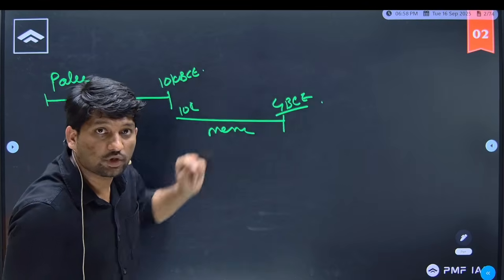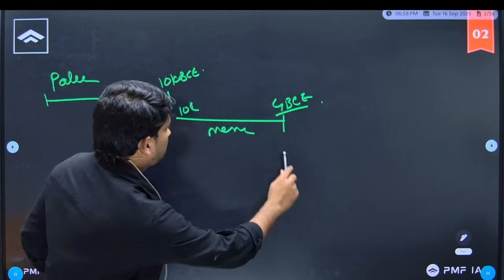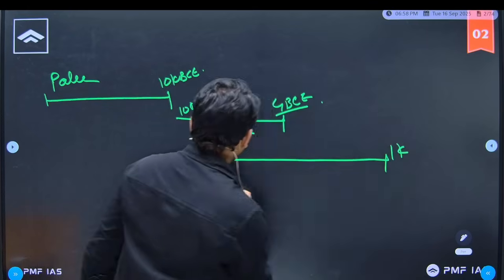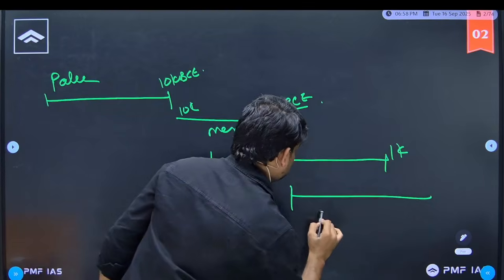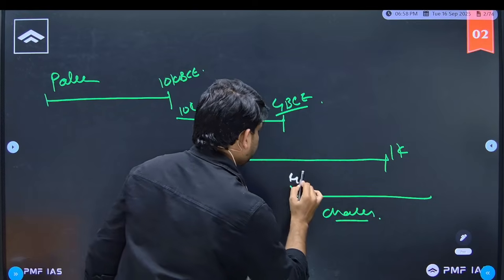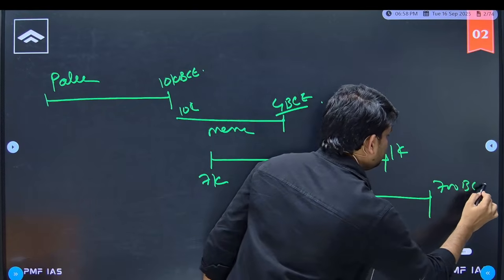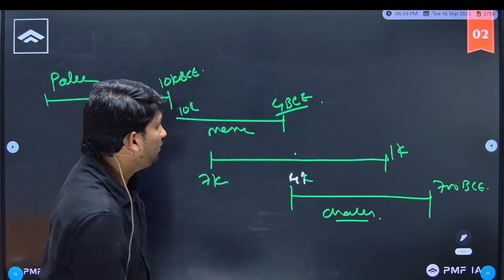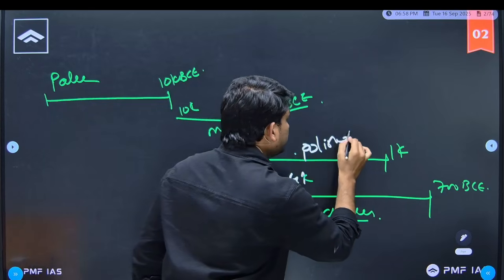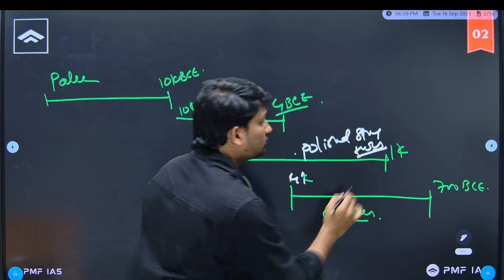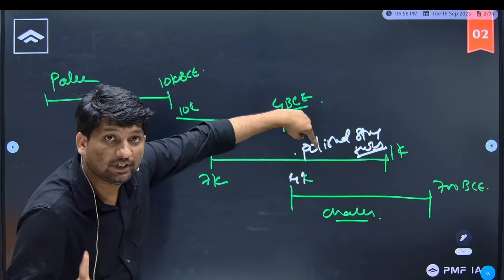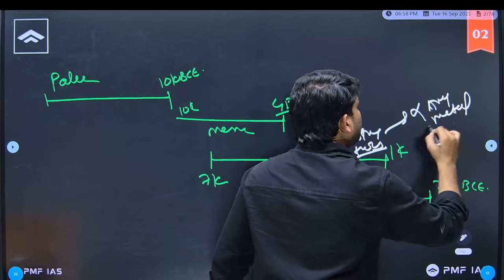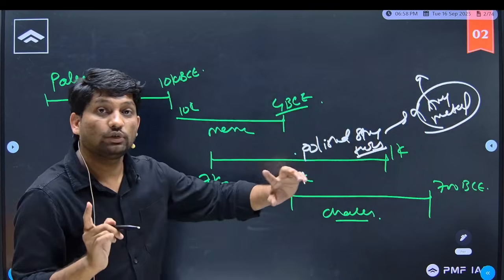Now, during this 4000 BC, in one region people were dependent on polished stone tools and were not using any metal in daily life.